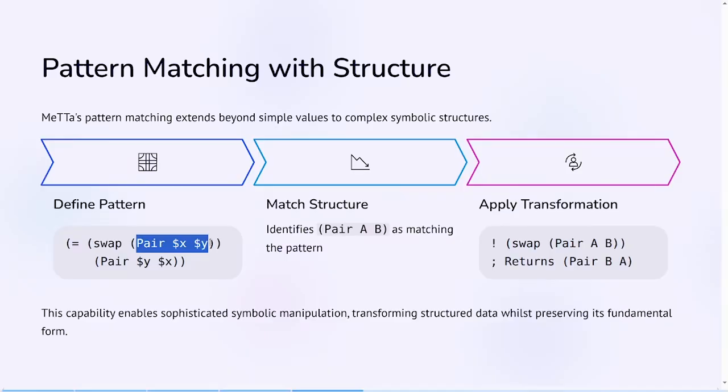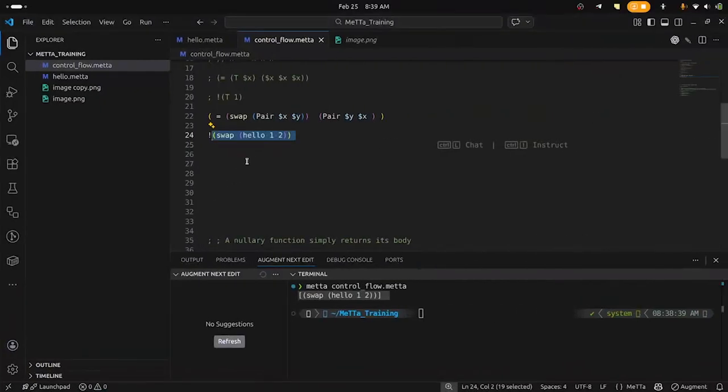So whenever we try to match those things, it's going to fail, because I say hello here, and hello and pair are not equal, right? So the pattern has a mismatch here, so it's going to return as it is. So whenever you see a definition that's not going to be reduced, it's returned as it is, as we can see here.